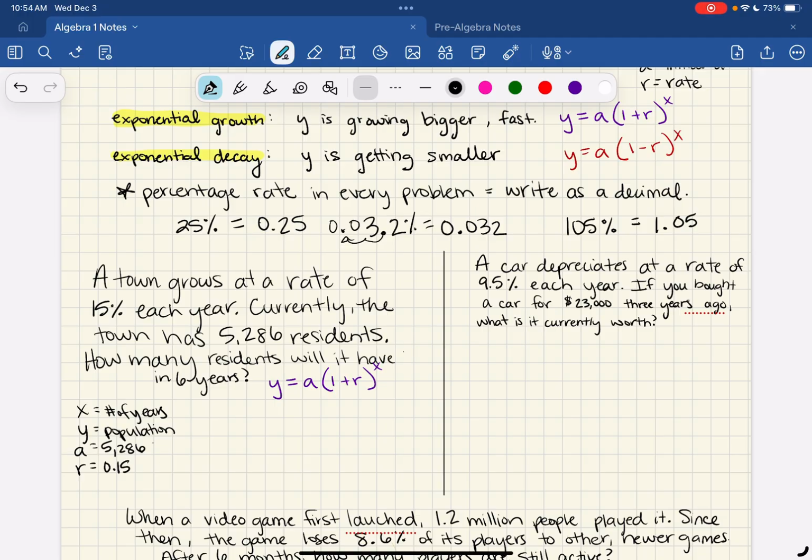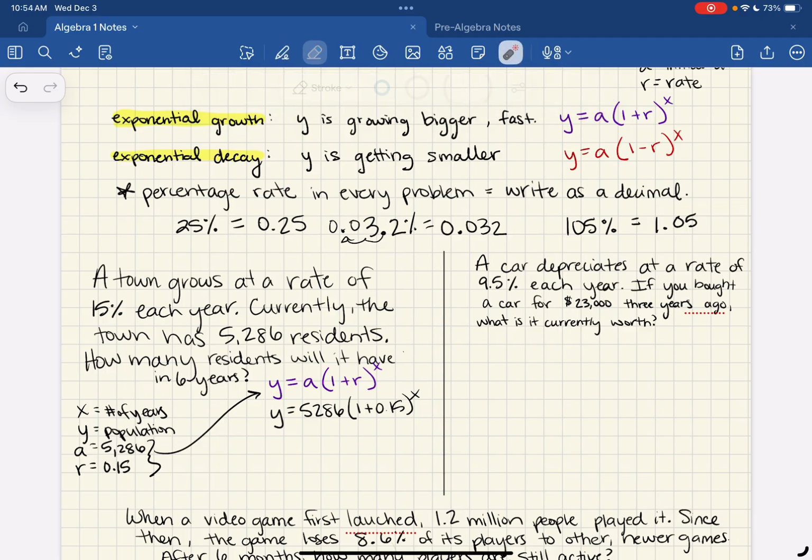Okay, we are going to plug in what we know. We know a and we know r. That wasn't bad. We're going to plug those into this equation. So I have y equals 5,286 times 1 plus 0.15 to the x. So this right here is the equation that I can graph to show any x value over time.